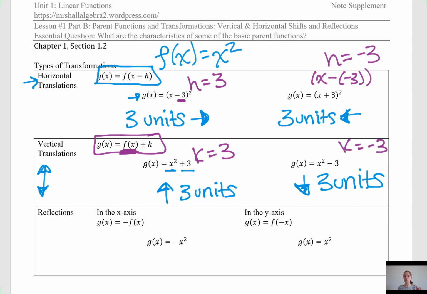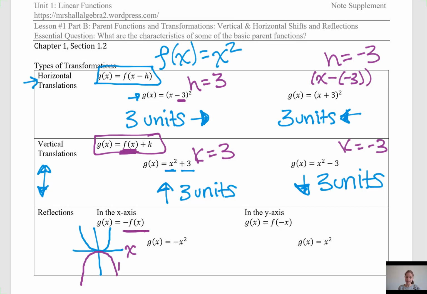Now finally, reflections, which we only touched on in the previous lesson. There are 2 types of reflections. There's a reflection in the x-axis. So if you think of a graph, this is x squared, right? Here's the x-axis, so a reflection in the x-axis. And what that does is you take negative the function. We're going to see this more in example 2.